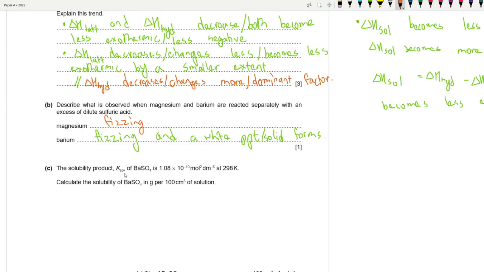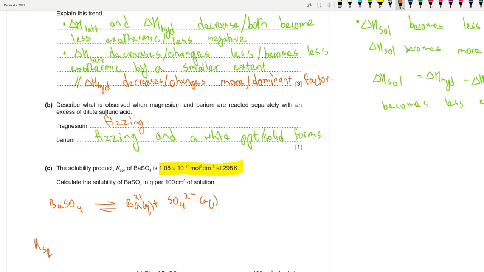Let's find out the Ksp. The Ksp of barium sulfate is given at this value. So we know that BaSO4 breaks down to form Ba2+ plus SO4 2-, partially soluble.